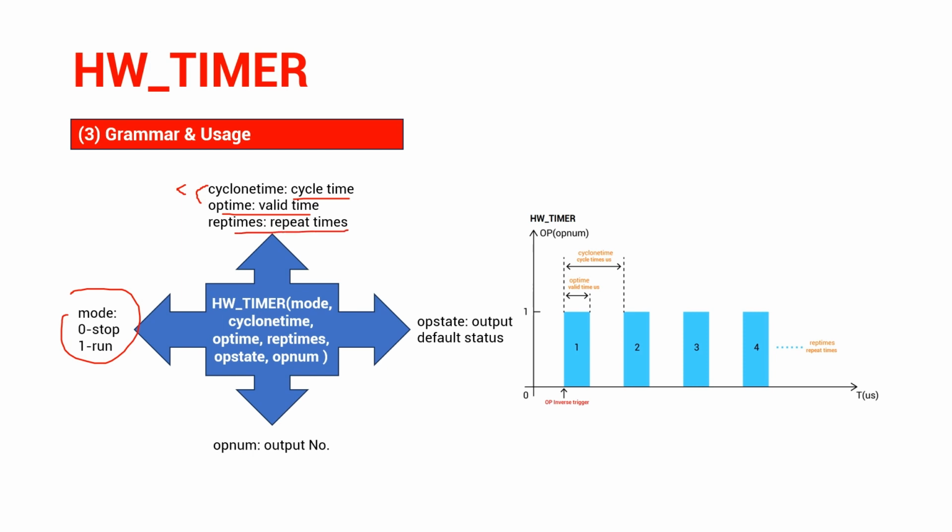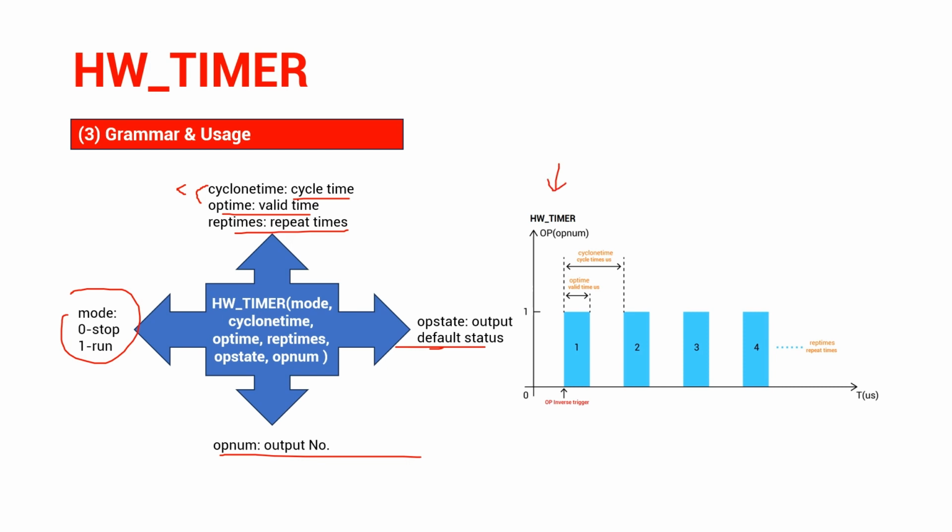Rep times means total repeat times. For OP state, it is different from HW2. Here, it is a reference state, off at first, then becomes on. It starts to do timing. The last one, OP num, the output number.